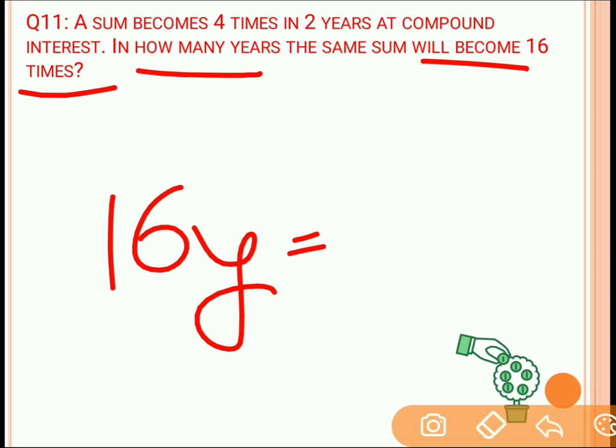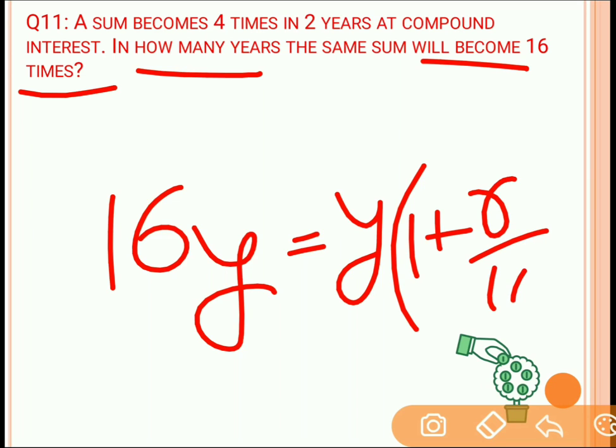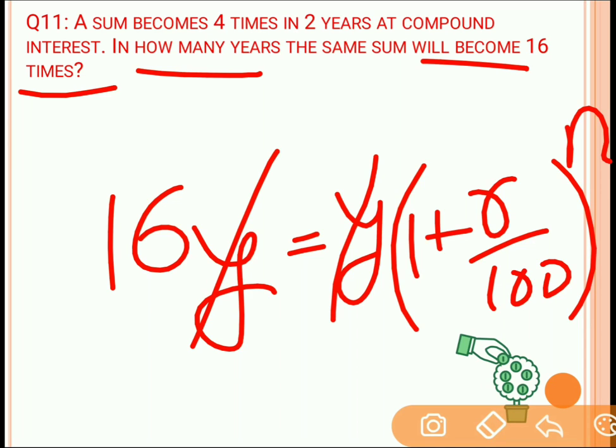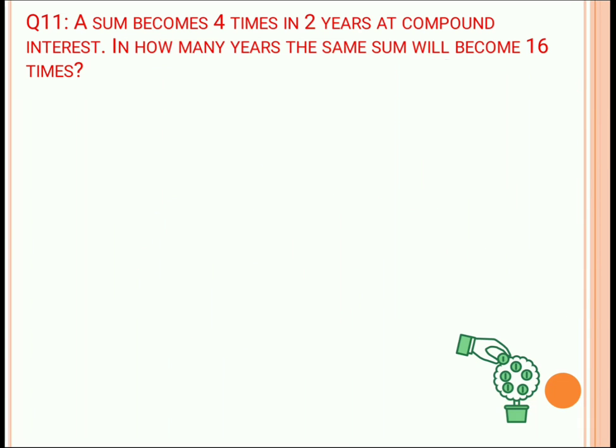So amount A is equal to principal into 1 plus r by 100 raised to number of years. Now principal becomes 16 times. So y will get cancelled. R we have found out from the previous statement. So we will use the value of r from the first statement. And only unknown quantity in this formula is number of years. So solving this equation, we will find out the number of years. So let's look at the solution.